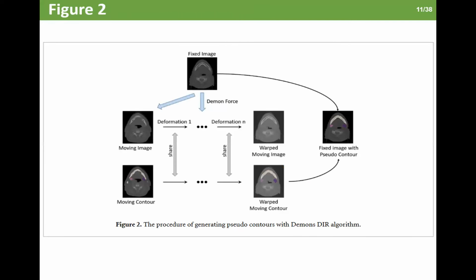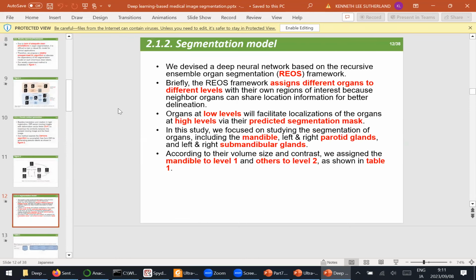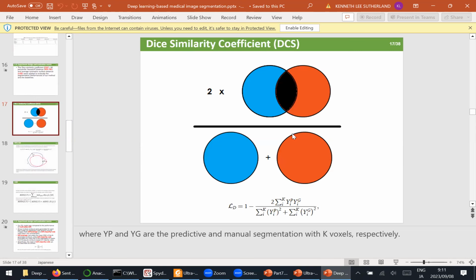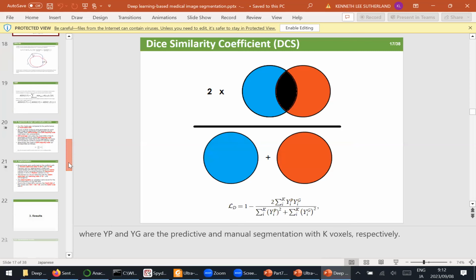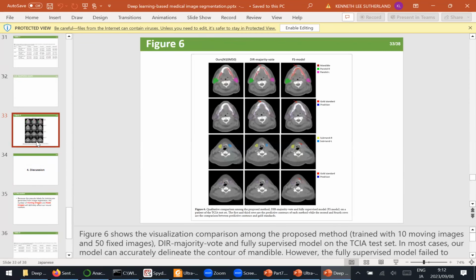I won't go into detail here, but this is a dice similarity score. This is often used in papers. And the results.